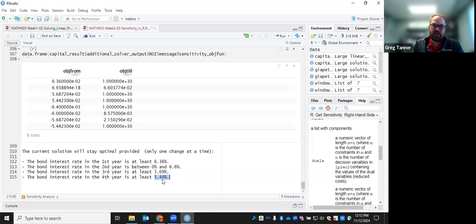Is the bond interest rate in year 4 going to be over 5.44%? If so, I'm going to use the same strategy that I already have. Okay. So that's it for this video of examples of using sensitivity analysis in R.